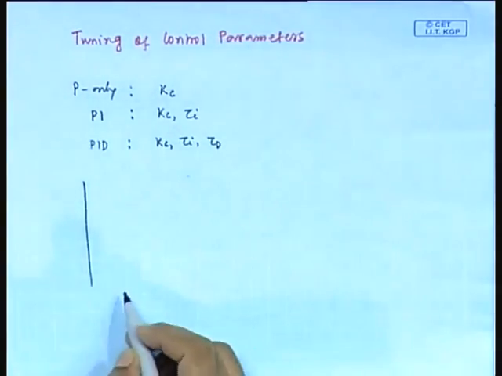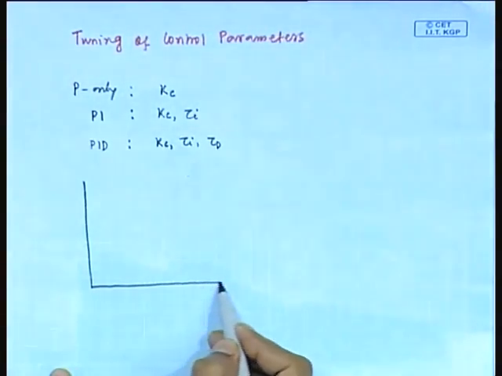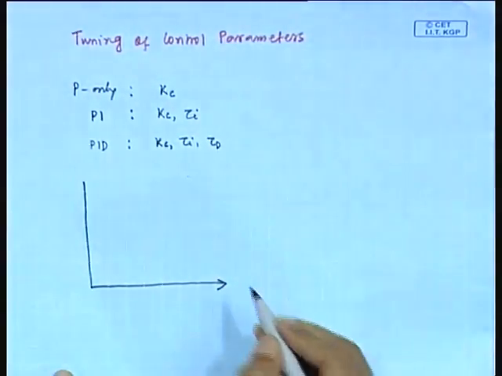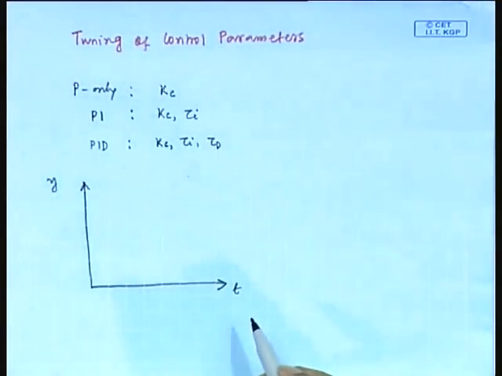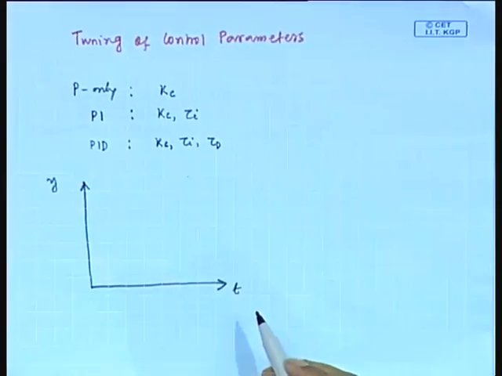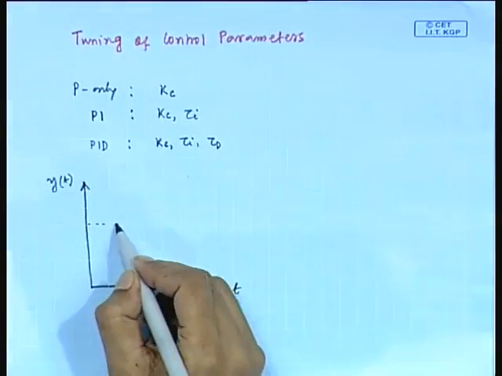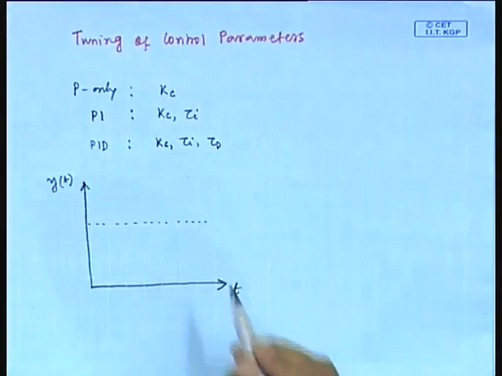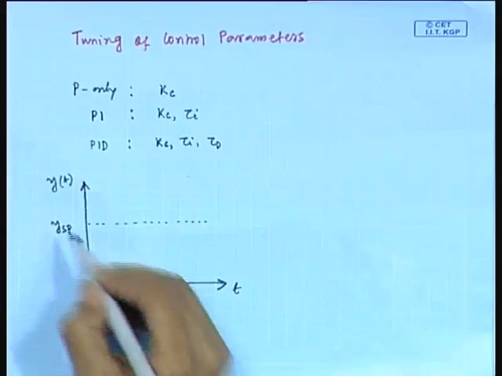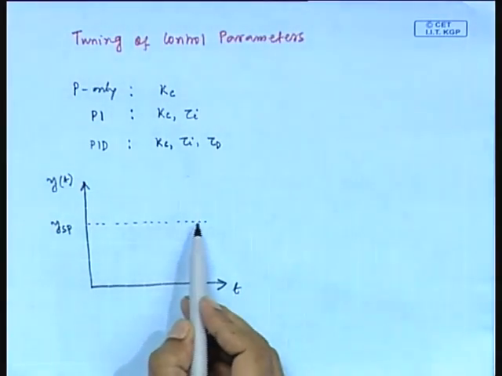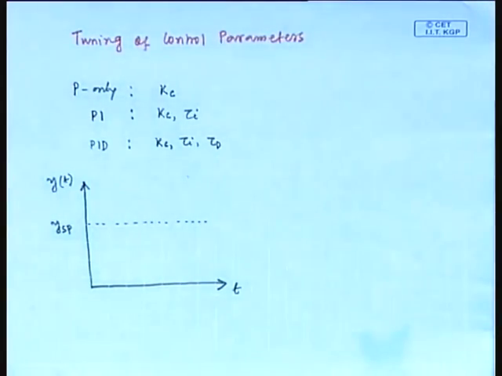If we take a simple example, where we make a plot between closed loop process output y(t) and time t. Now, in this process, a step change in set point value is introduced. This is the set point value. Fine.